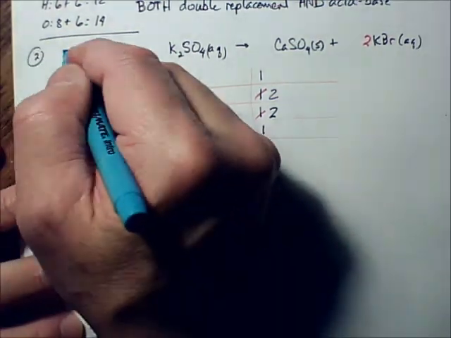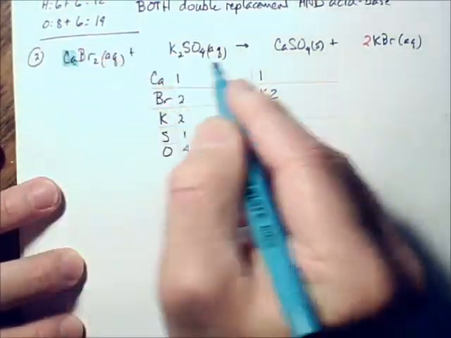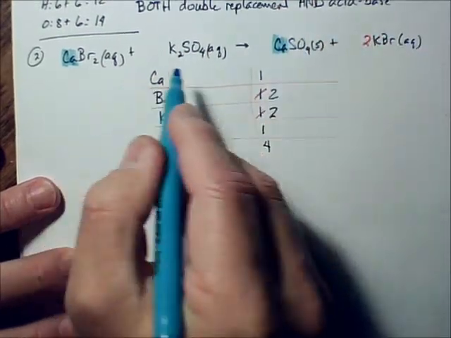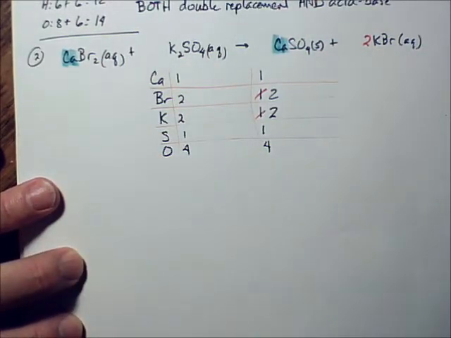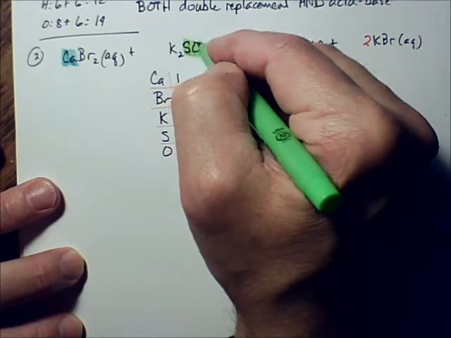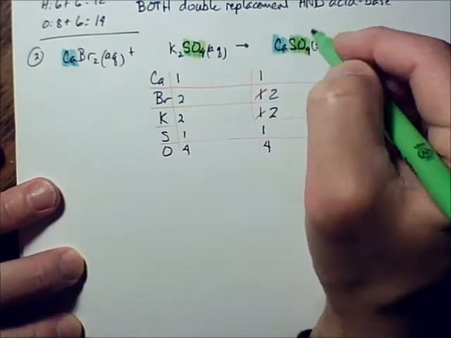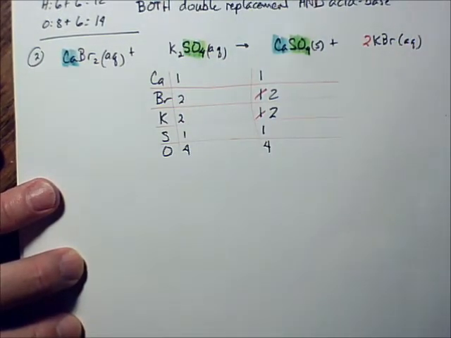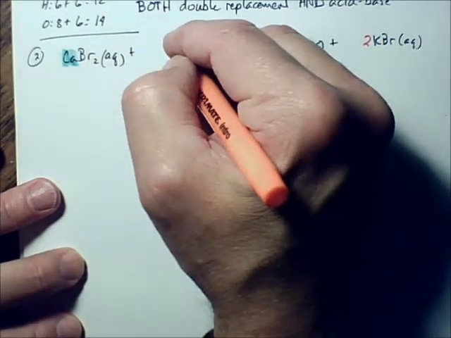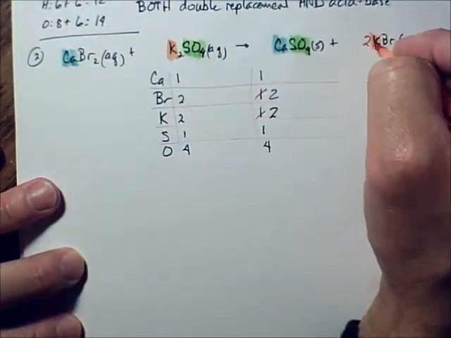The calcium on this side moves over and joins up over here with the sulfate. That's the back of this formula here. And the potassium moves over here and joins up with the bromine.